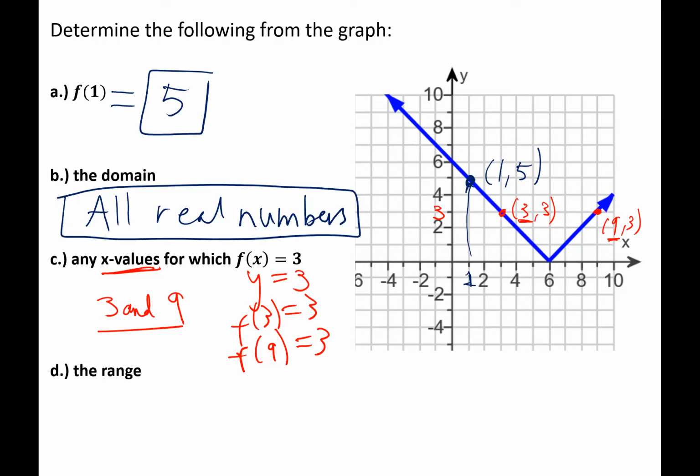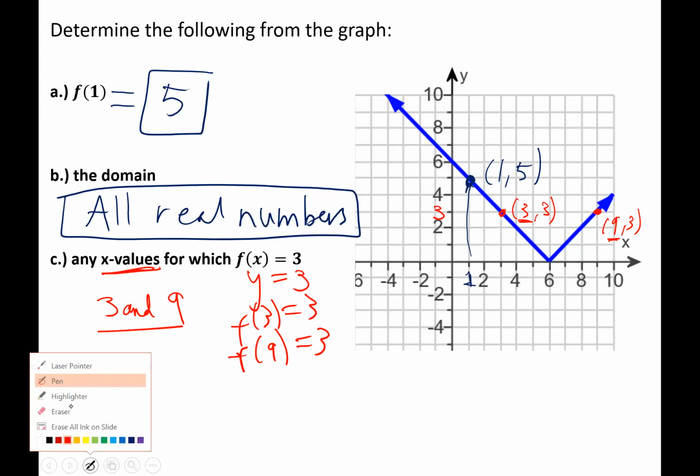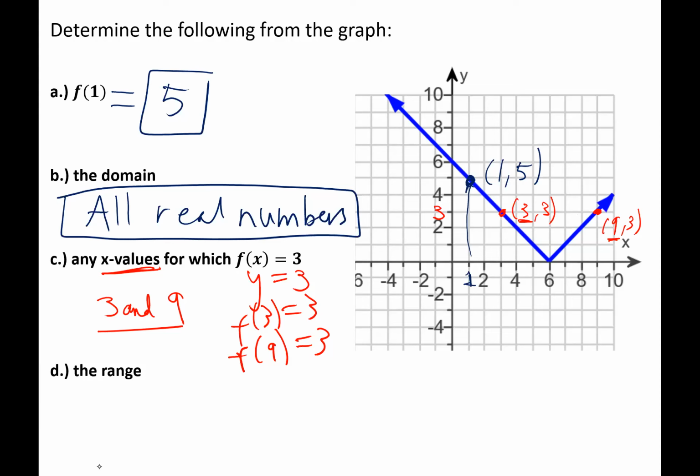Finally, last part of this multi-part question, the range. Time to get my highlighter out. Now, the domain was all real numbers, so you might want to just write all real numbers, except that's not the answer for the range. I want you to notice that there is a lowest y value on this graph.